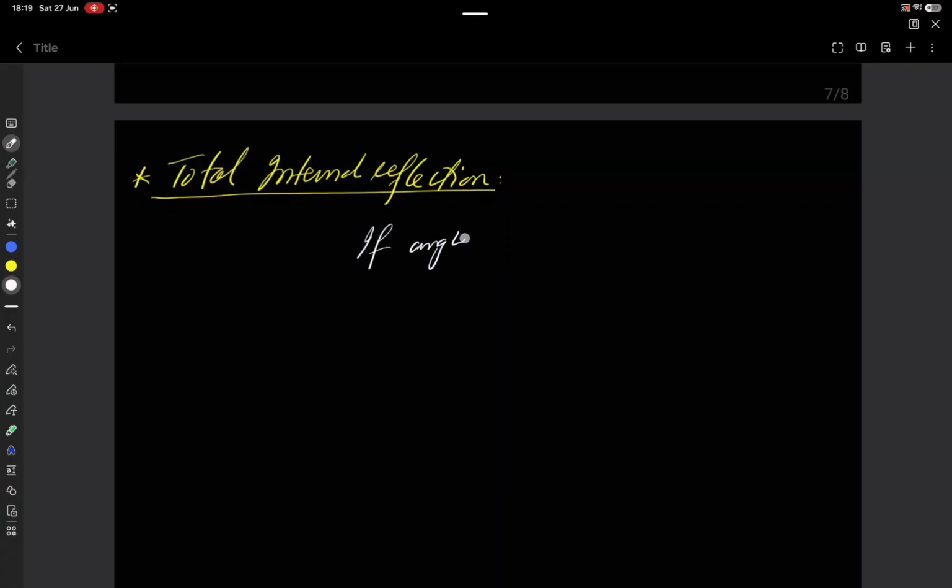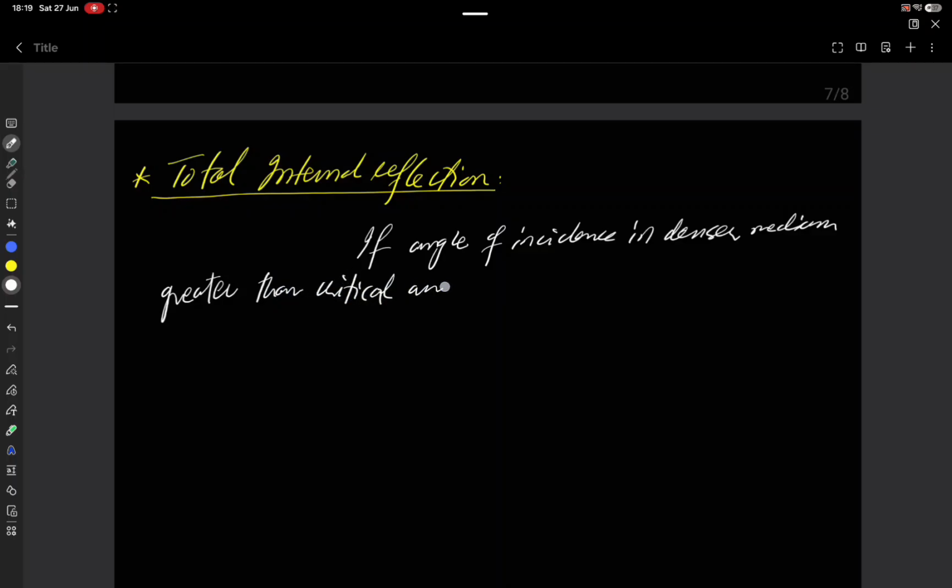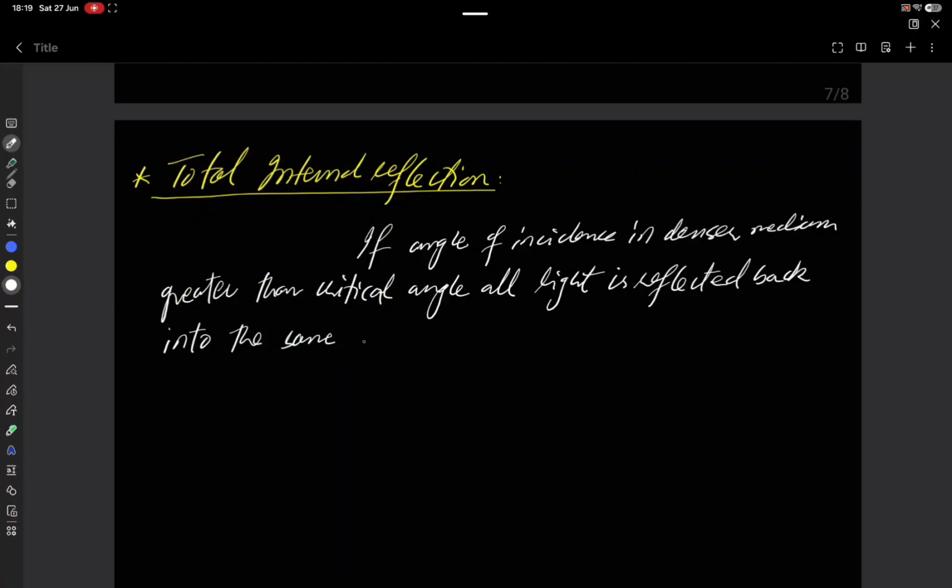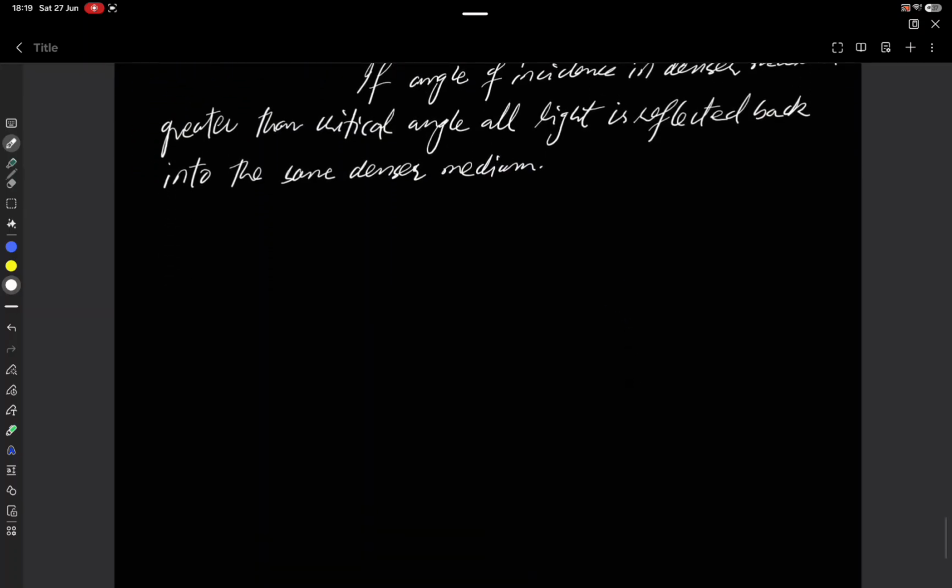If the angle of incidence in the denser medium is greater than the critical angle, all light is reflected back into the same denser medium. So two conditions are required.